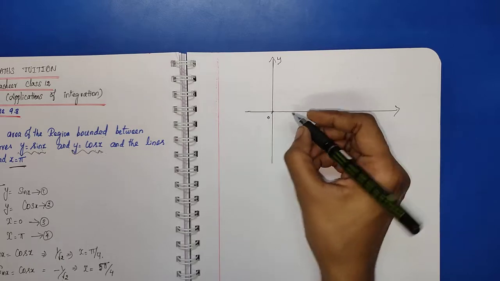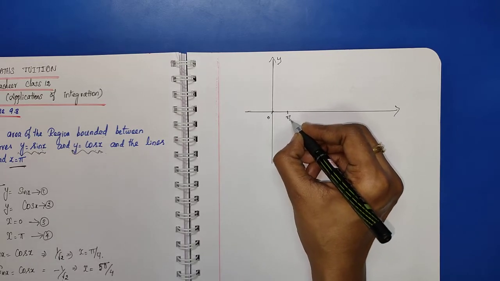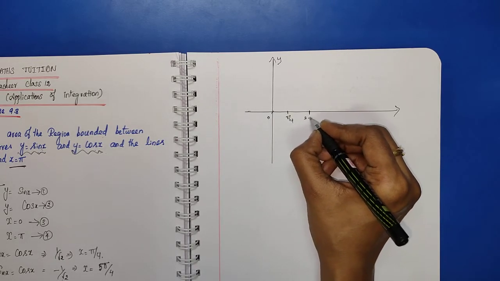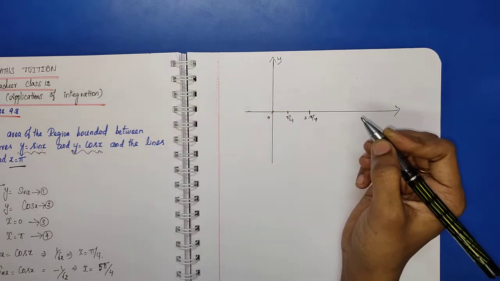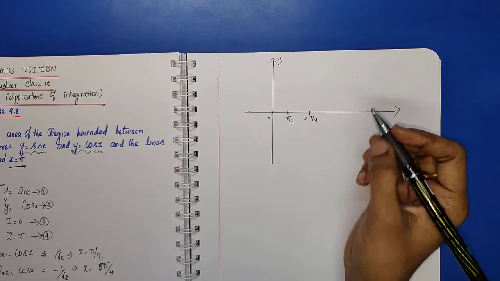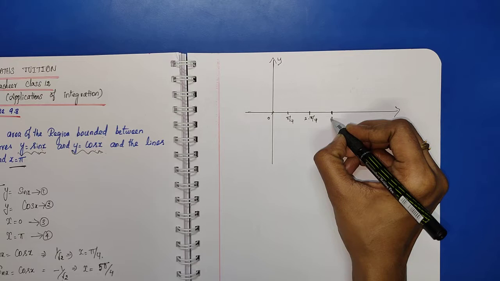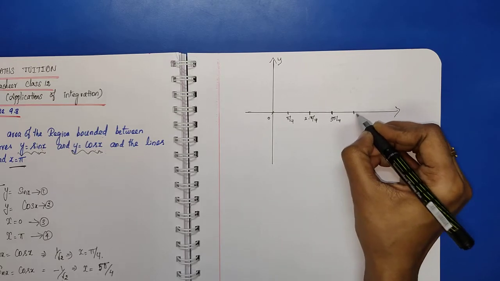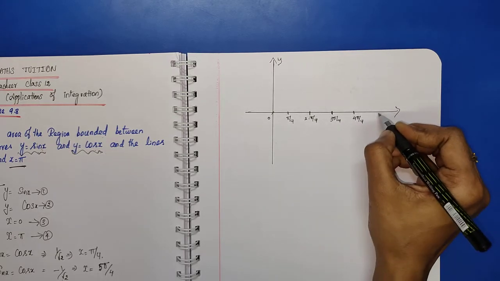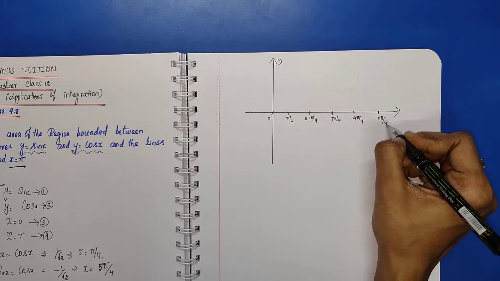Here 0, 1 time pi/4, 2 times pi/4 and 3 times pi/4, 4 times pi/4 and 5 times pi/4 and going.